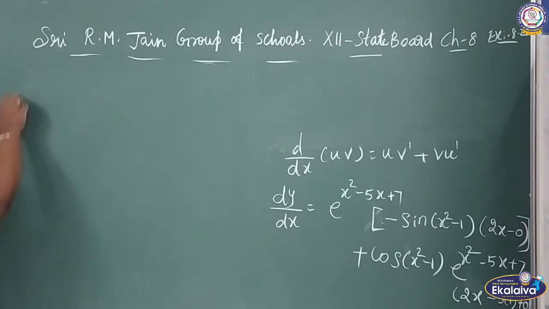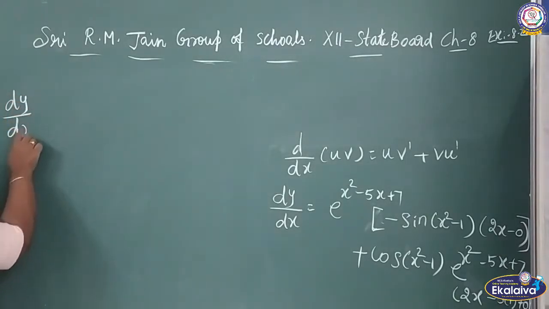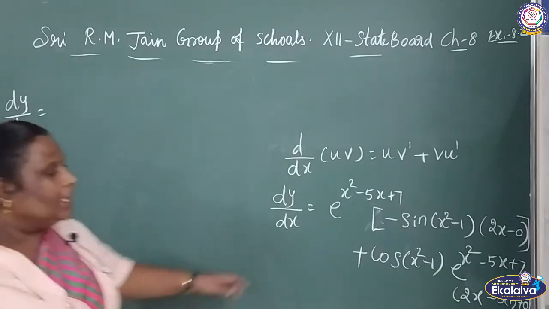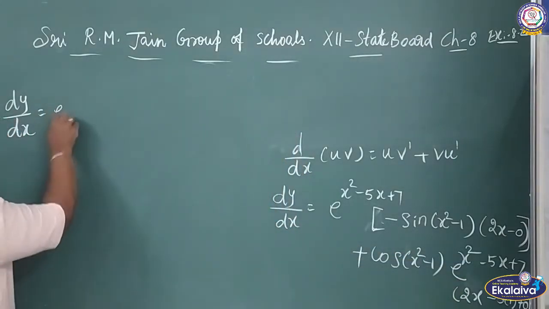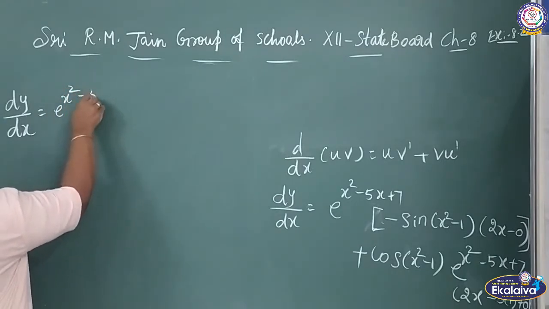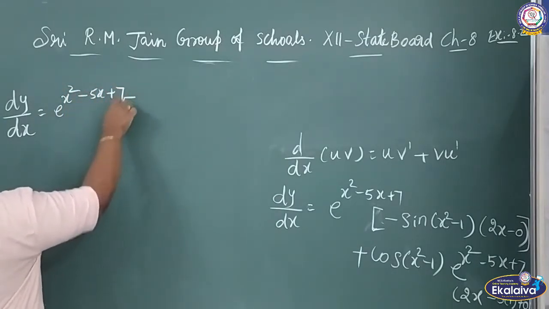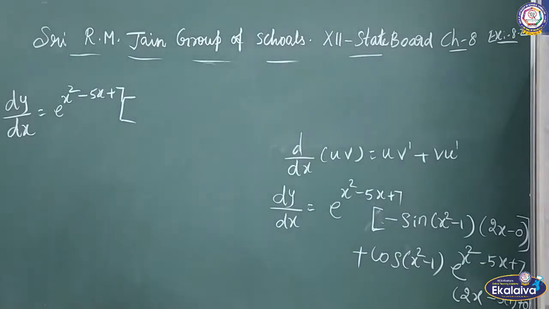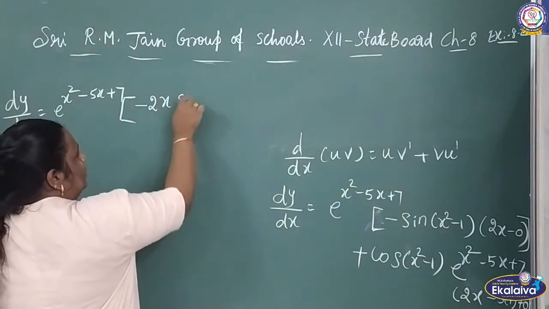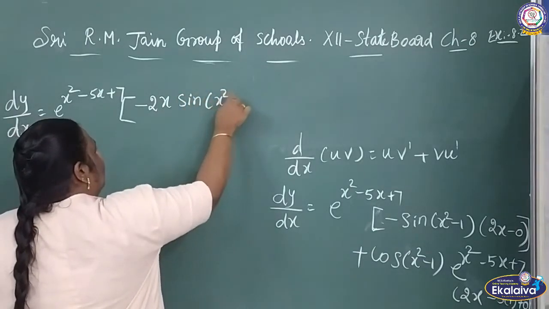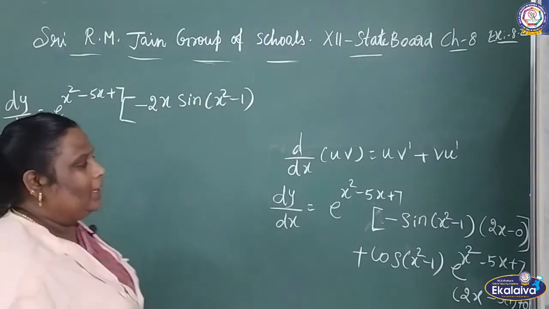See, dy by dx equals, you can take e power (x square minus 5x plus 7) as common. What is the remaining thing? Minus 2x into sin of (x square minus 1).